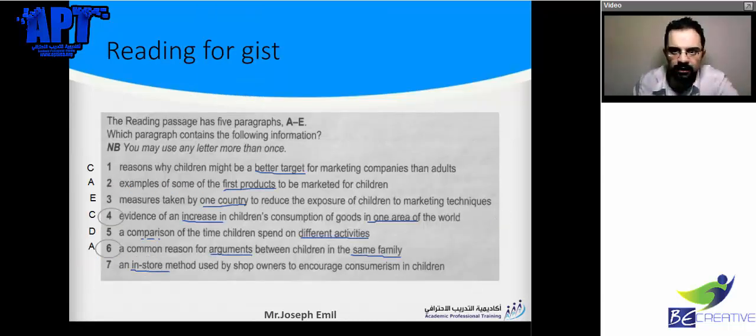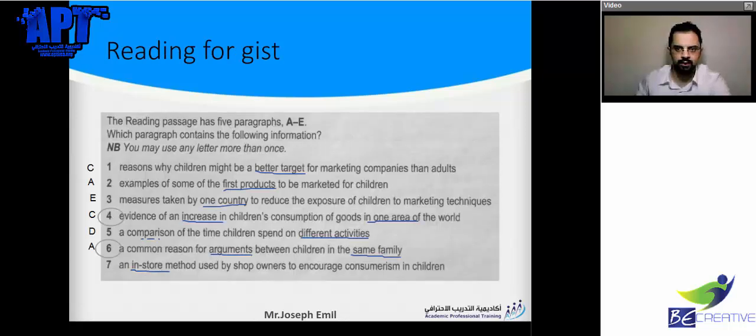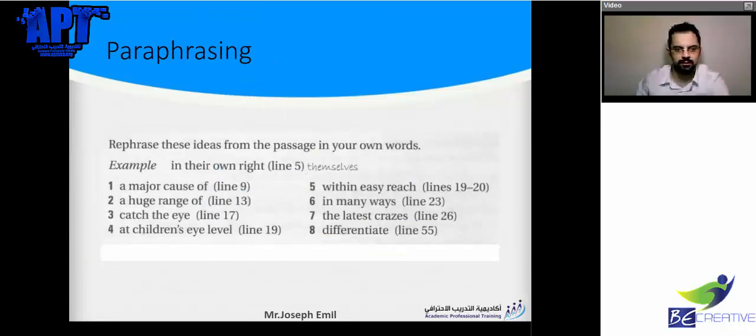Let's take a look here at the lines here. A major cause of. It's a bit clear. It's in line 9. A major cause of sibling rivalry is resentment that a brother or sister has a new toy. A major cause of. So a primary reason maybe. Okay? If we are going to use completely different words to deliver the same meaning, I would just say a primary reason or the main reason.